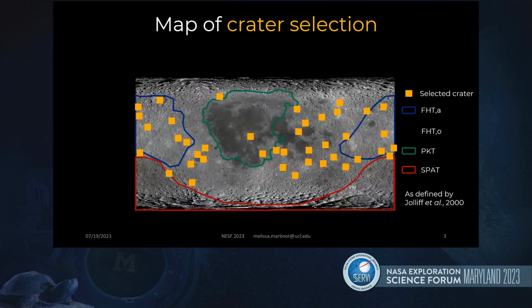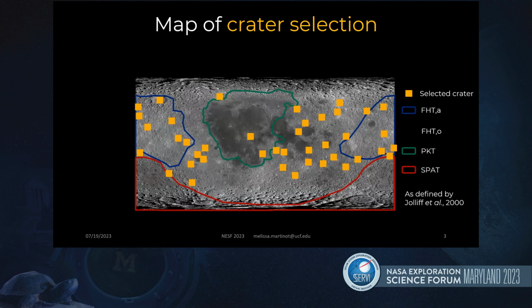This is the map of selected craters. Outlined in colors, we see the major lunar terrains as defined by Jolliff and collaborators. In red, we have the South Pole-Aitken terrain. In green, the Procellarum KREEP terrain. In blue, the feldspathic highland terrain, which is the anorthositic part of that terrain.